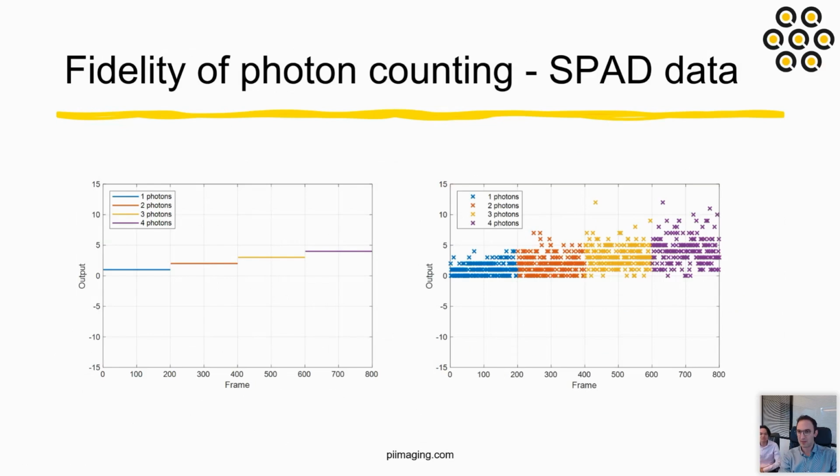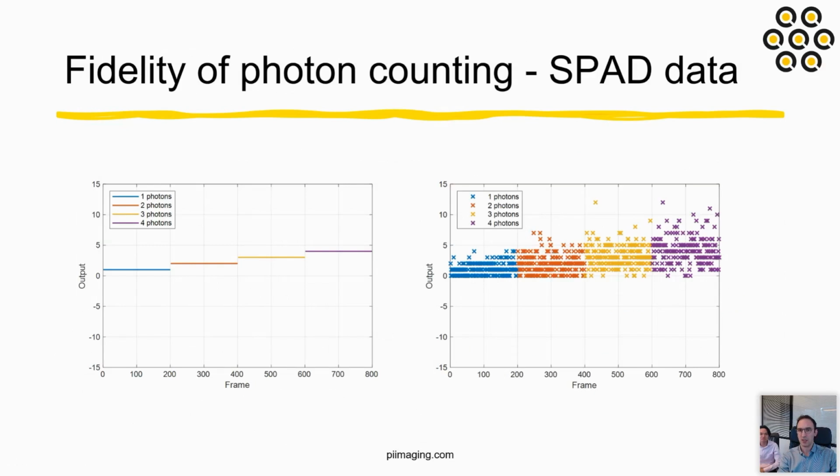This is the best that you can get, limited by the quantum nature of light. And you can still see discrete levels, which are really easily distinguishable. So if the average photon flux is 1, we'll sometimes get 0, sometimes 1, sometimes 2, sometimes 3, sometimes 4.